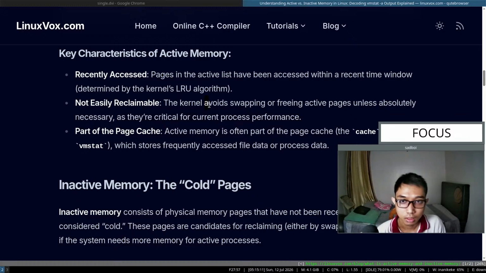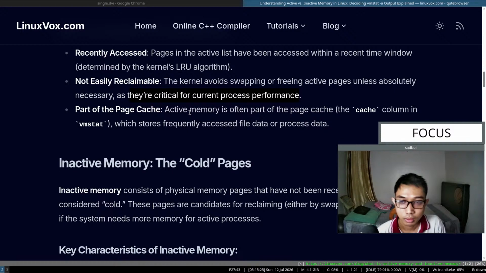Active memory is often part of the page cache, the cache column in vmstat, which stores frequently accessed file data or process data.